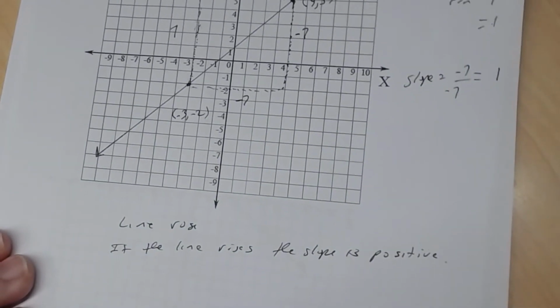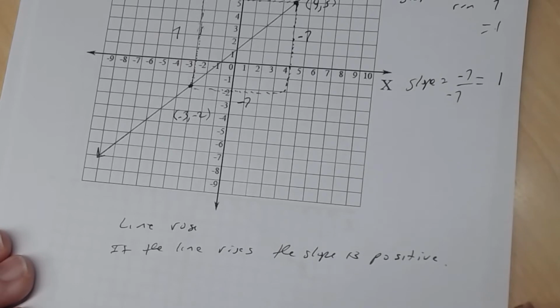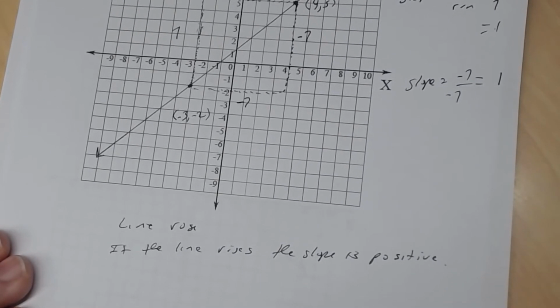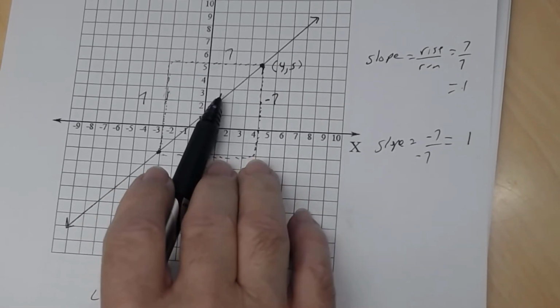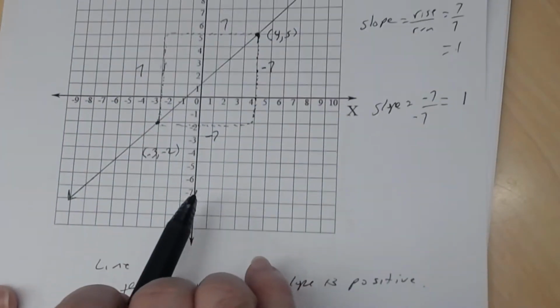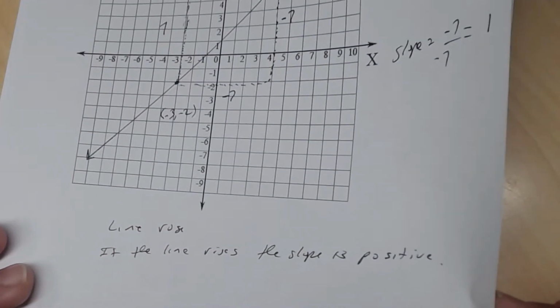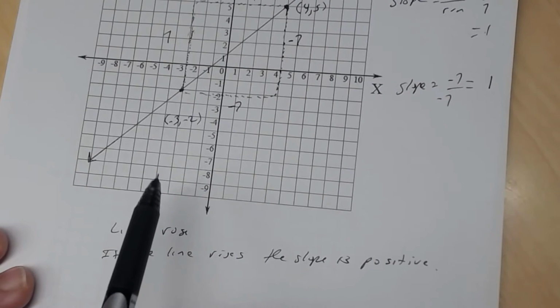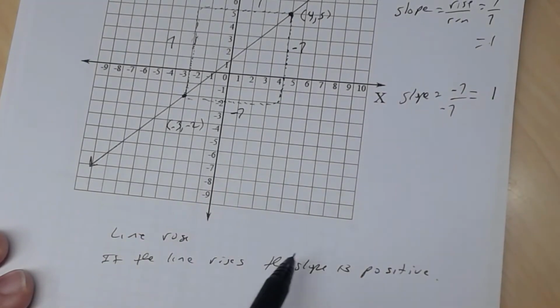So that's one takeaway. Another takeaway I need you to get from this. One was being able to use the idea of rise over run, and the other was to now see that if the line rises, the slope is going to be positive.